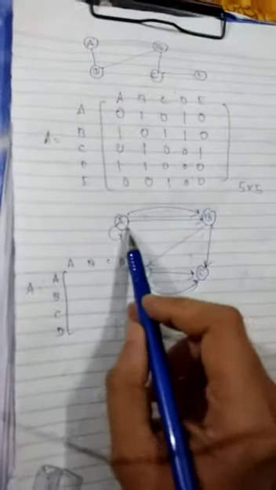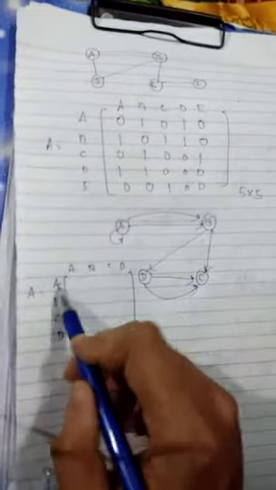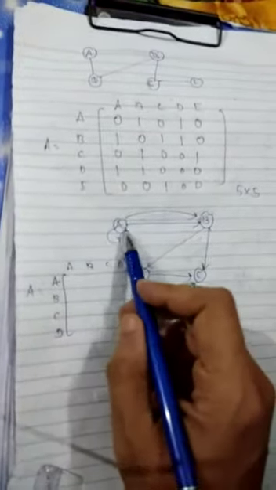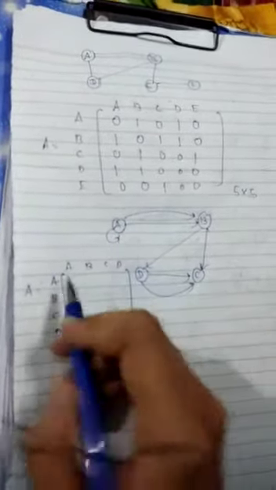So for the multigraph, how to calculate the adjacency matrix? Here it is very simple. See here I am writing the rows and columns. First A to A, we have to check A to A. See here a loop is there, a self edge, so that means A to A is 1.